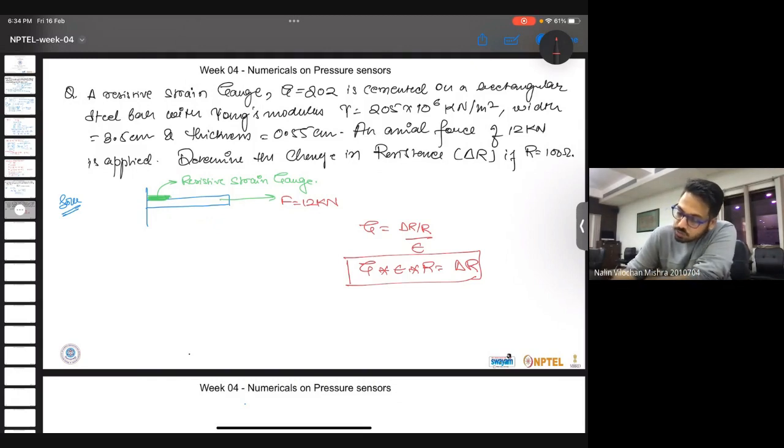Here the value of G is given, R is given, but we need to find the strain. So basically the question is to find the value of strain.